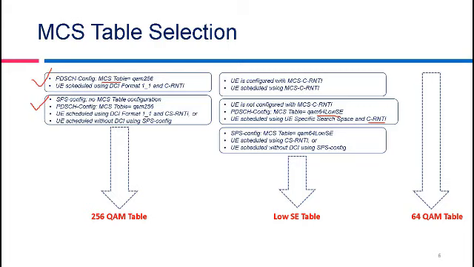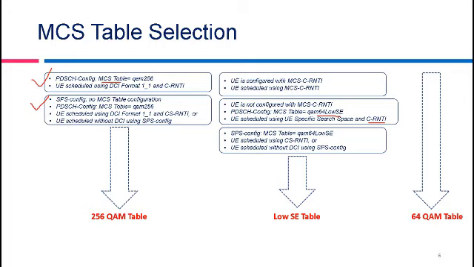As there is no MCS C-RNTI allocated, SPS config is used for semi-persistent scheduling, and this SPS config shall include the MCS table indicating the table choice. In this case, the UE is scheduled with CS-RNTI when using DCI, and when we are not using DCI, it can be scheduled with SPS config.